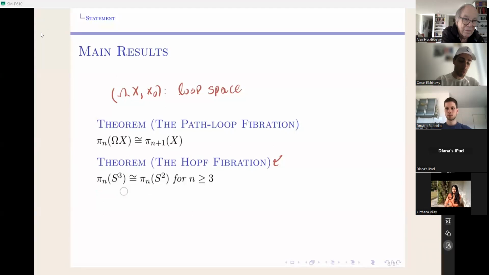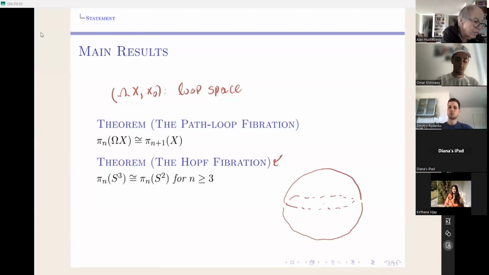And that is quite interesting because normally S2 is just a sphere, and here you're fitting also spheres of higher dimensions.